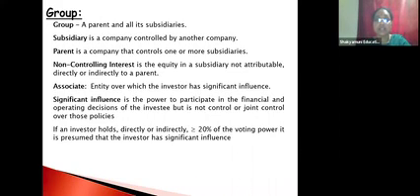But here you should understand what an associate is. Associate means the company which has some significant influence, but doesn't have control. It has significant influence to participate in the meetings, significant influence to raise its voice.